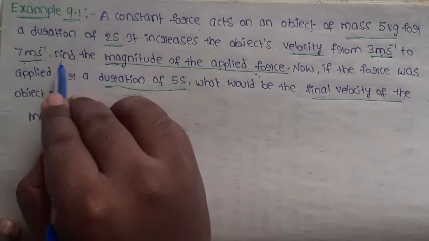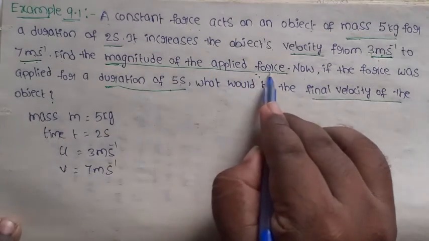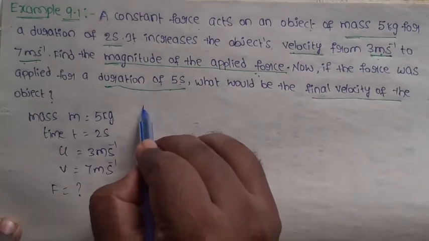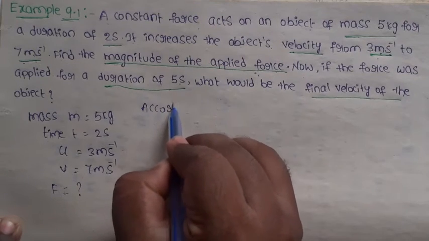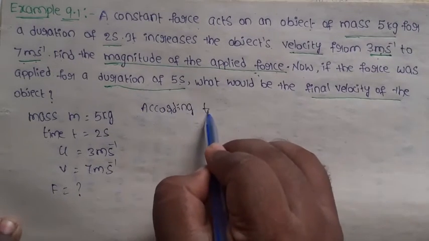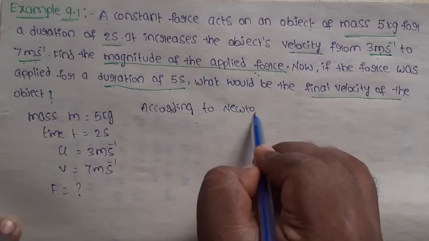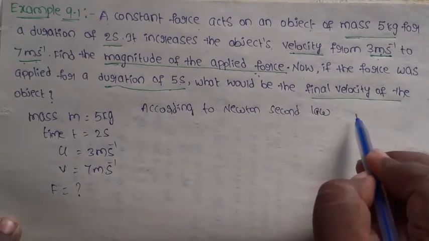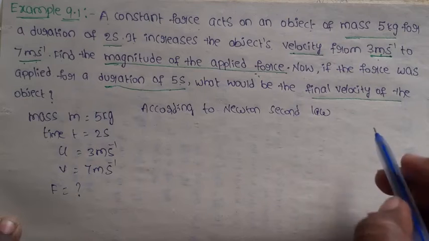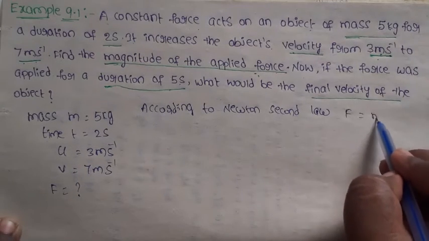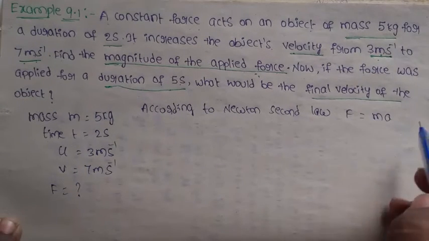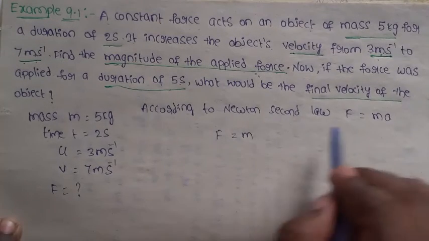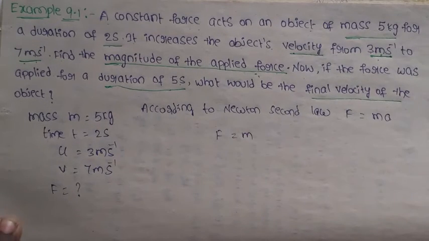What are we going to find? The magnitude of the applied force. Force will be found using Newton's second law. The mathematical expression for Newton's second law is F equal to ma, where m is the mass of the object and a is the acceleration.